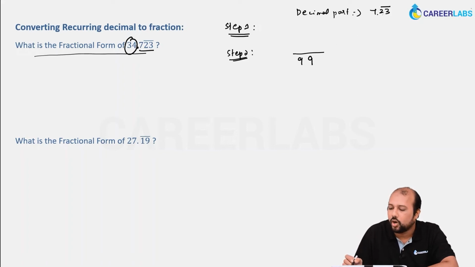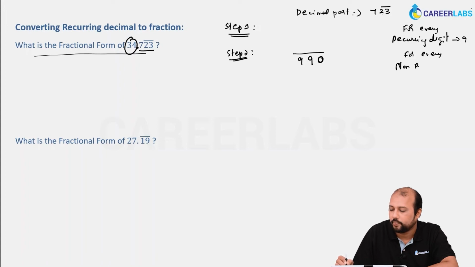And of course the non-recurring digit is 7 here, so you will put one 0. For every non-recurring digit use a 0, and always write the recurring digits first. So there are 2 recurring digits and 1 non-recurring digit, so obviously 990.